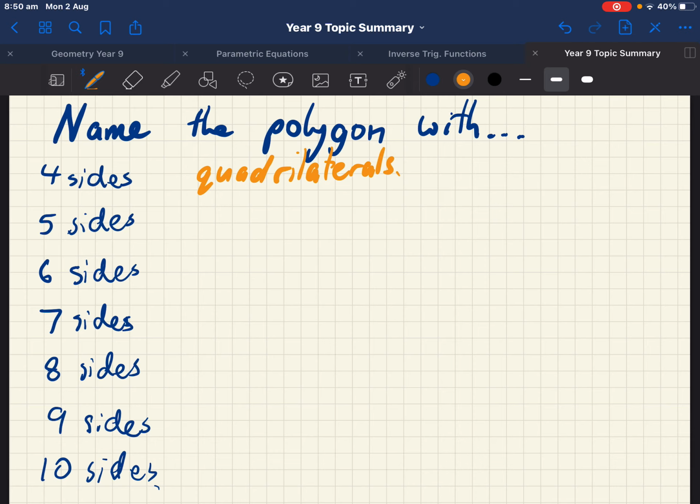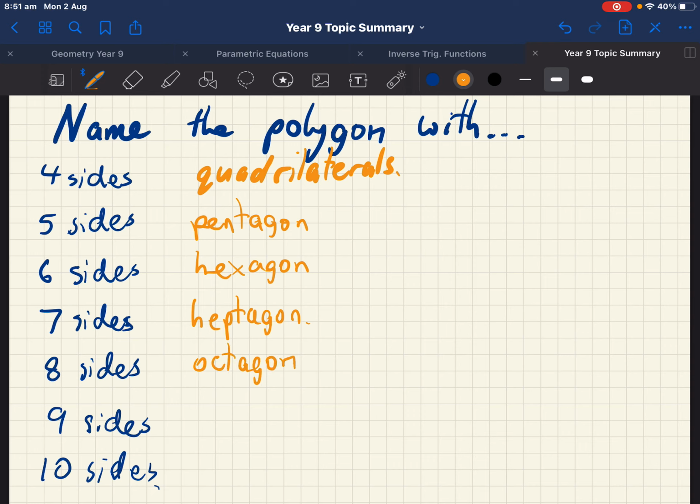A 5-sided polygon should have had pentagon. The next, 6 sides, is a hexagon, 7 sides is a heptagon, 8 sides is an octagon, 9 sides is a nonagon, and 10 sides, which is the highest you need to go up to, is a decagon.